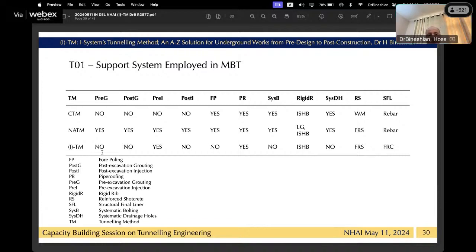And ITM proposed no pre-grouting, no post-grouting, but pre-injection, no post-injection, no four-poling, but pipe-roofing, no systematic bolting, only ISHB as the rigid rib, no systematic drainage holes, only fiber-reinforced shotcrete, and only fiber-reinforced concrete for the final liner with 100% rate of success.